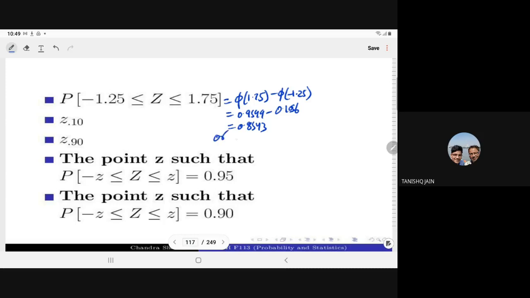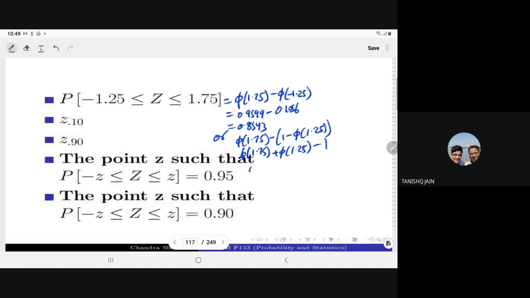Or this can be written as phi of 1.75 minus (1 minus phi of 1.25). So this can be written as phi of 1.75 plus phi of 1.25 minus 1.